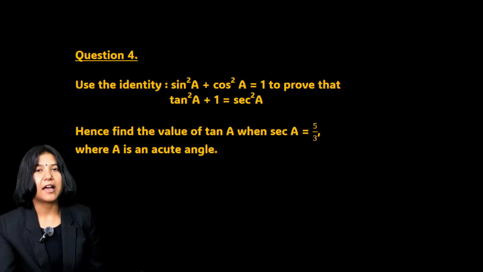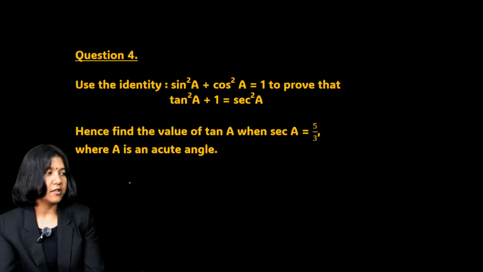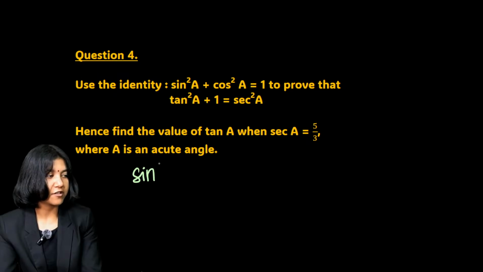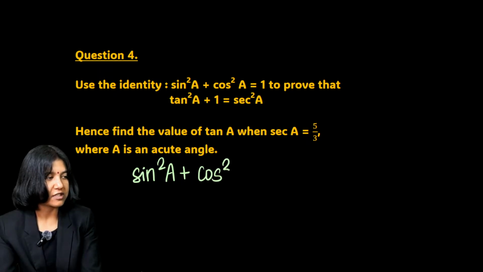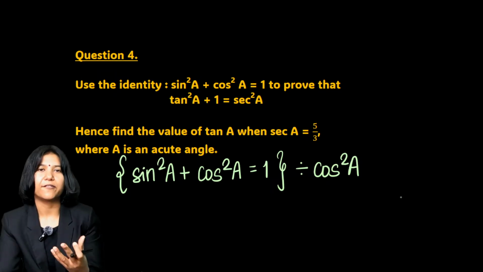If you have some confusion about how to begin, or what exactly to divide this equation by, there should not be such an issue, because you want to obtain tan first of all. Tan is obtained by taking the ratio of sine to cos, so I will divide this entire equation by cos square a. Here theta is a, so I have to use that as well. I have no other options.